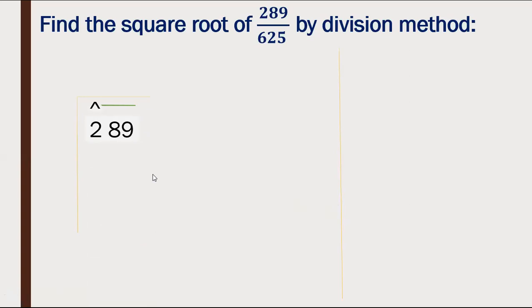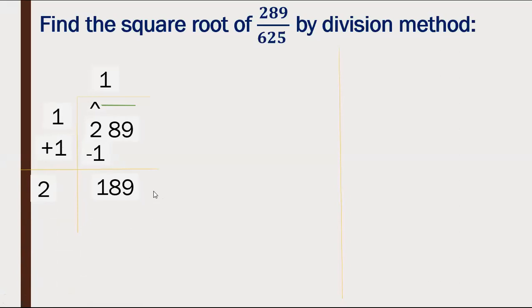Very good. We have to take the number 1. When 1 is multiplied with 1, we get 1. So here on the left hand side, 1 plus 1 is 2. And on the right hand side, 2 minus 1 is 1. So we get 189.